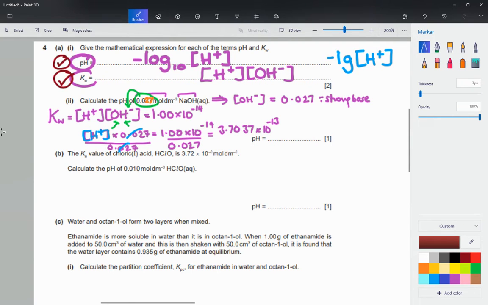So now we're going to move on to working out the pH.